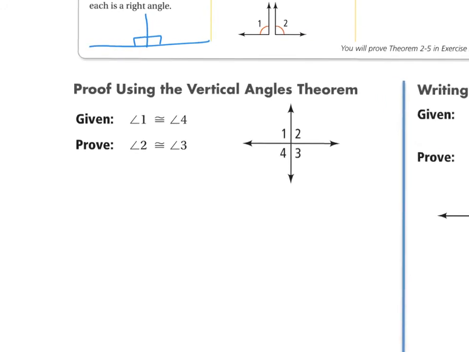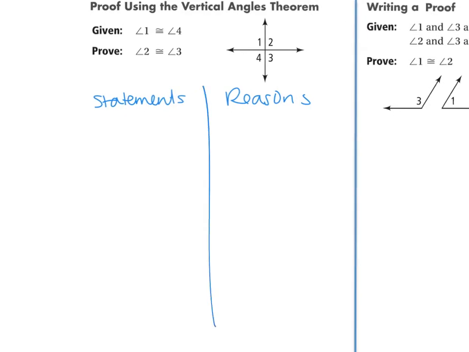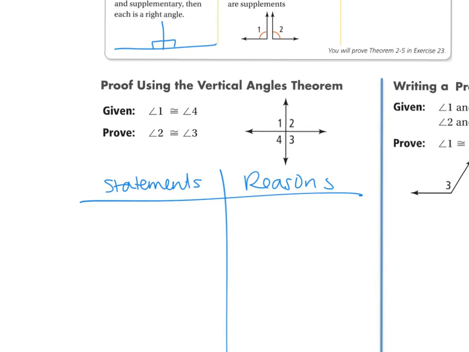All right, now we get to do a lovely proof. This one actually isn't too bad. So first I'll make my T-chart, with statements and reasons. We're given that angle 1 and angle 4 are congruent, and they want us to prove that angle 2 and angle 3 are congruent.